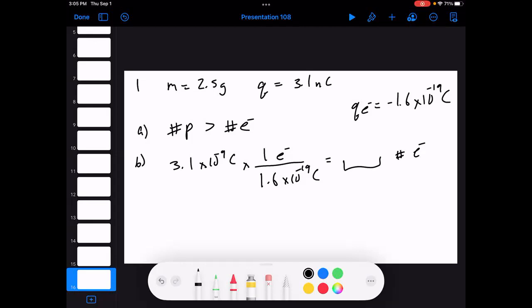Okay, and then the question you actually asked, part C: if at most one electron is removed from any single atom, what percent of the atoms are ionized by this charging process?